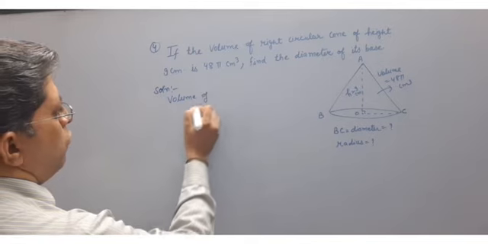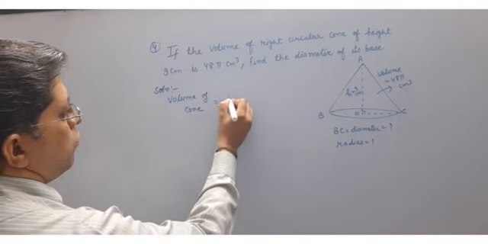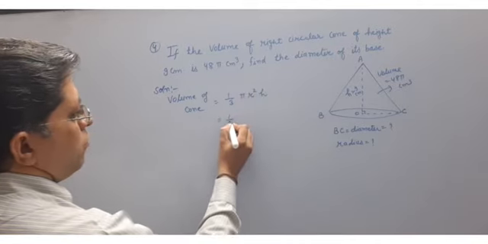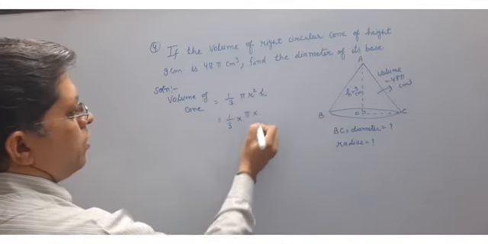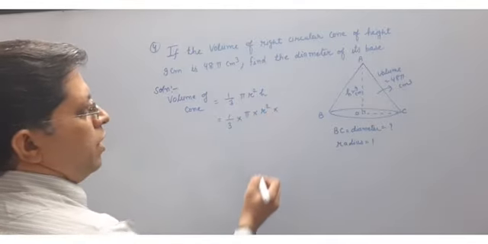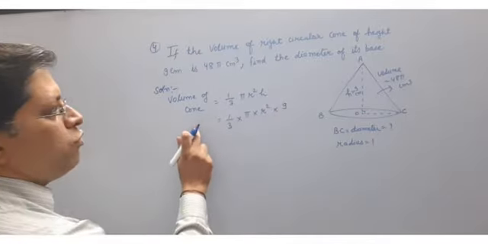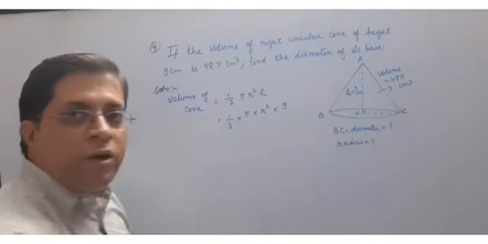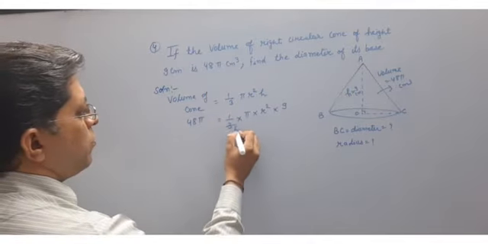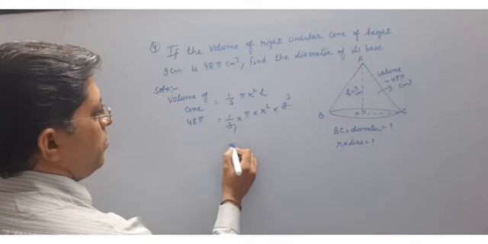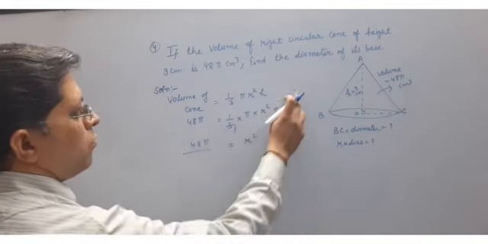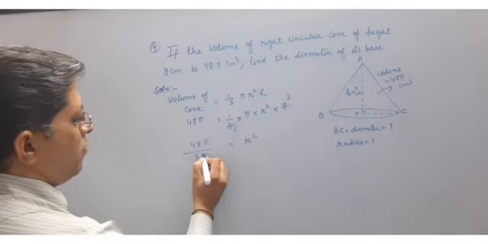Volume of cone is 1 upon 3 pi r square h. We don't know r. And h is 9. And the volume we also know: this is 48 pi. 3 ones are 3, 3 threes are 9. So r square is 48 pi divided by 3 pi.